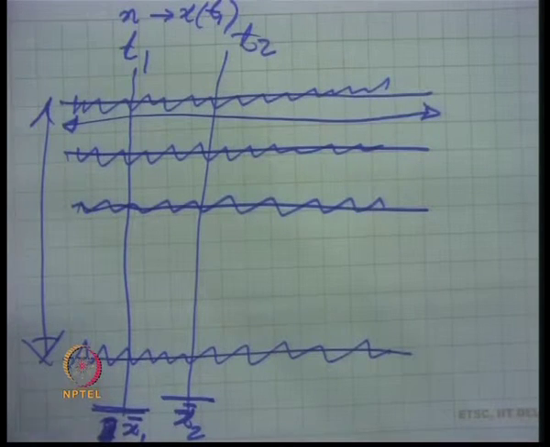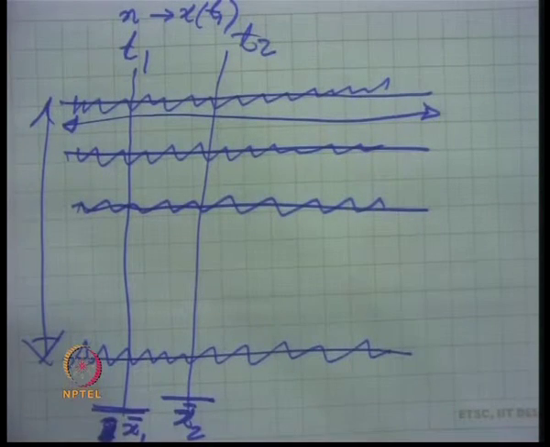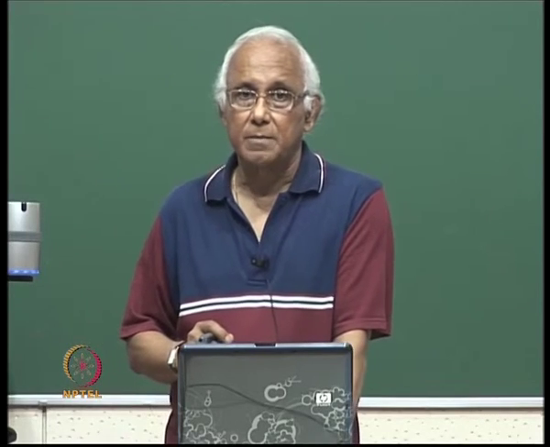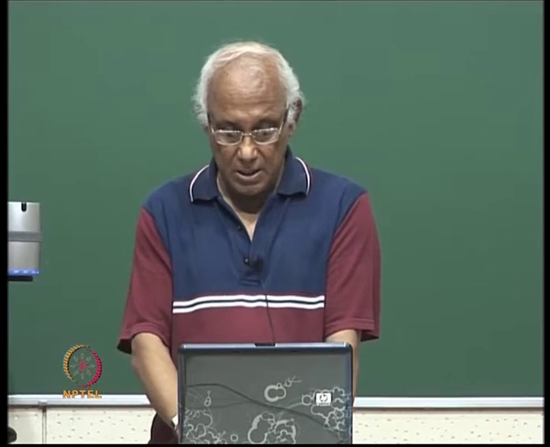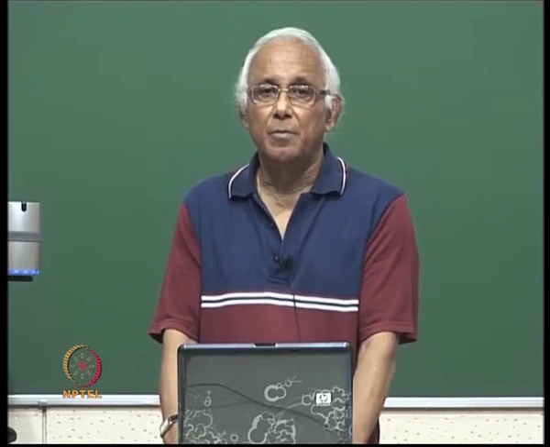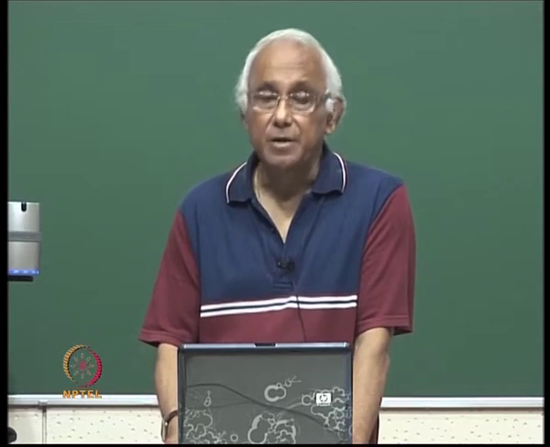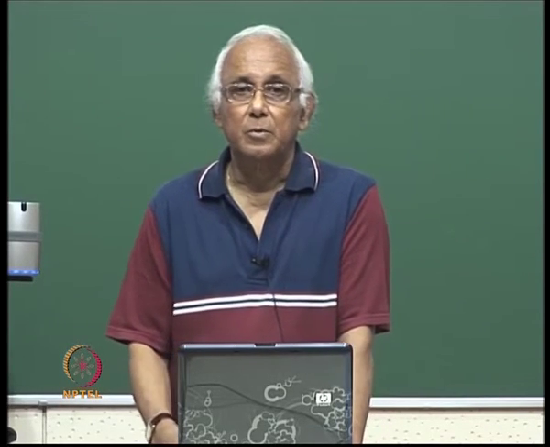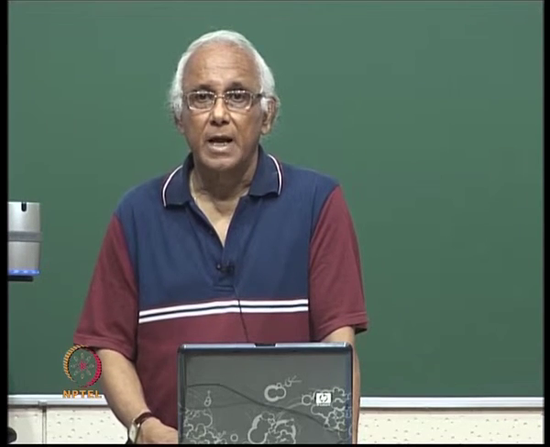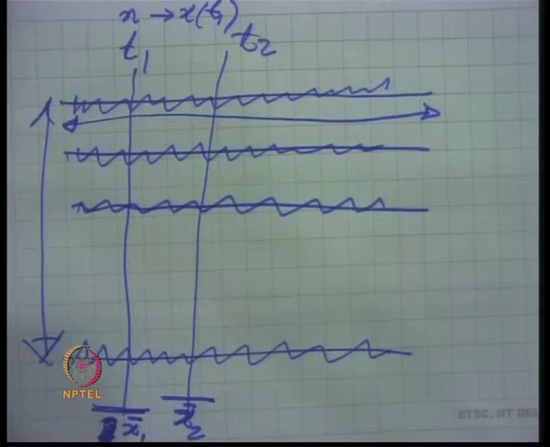Now, in any random process, if we find this condition existing, then we call that random process a stationary random process. And this stationary random process is uniquely defined with the help of a mean square value and a mean value. So, the random process can be said to have a unique mean square value.